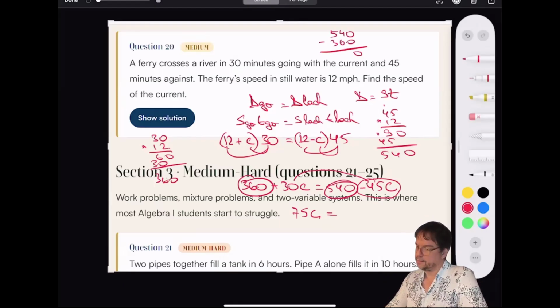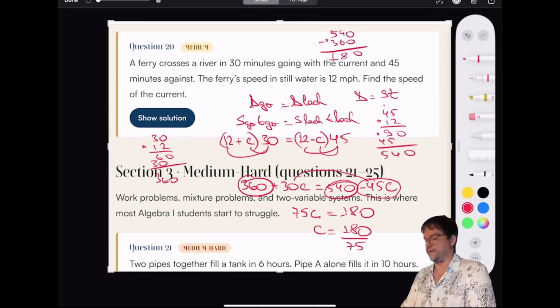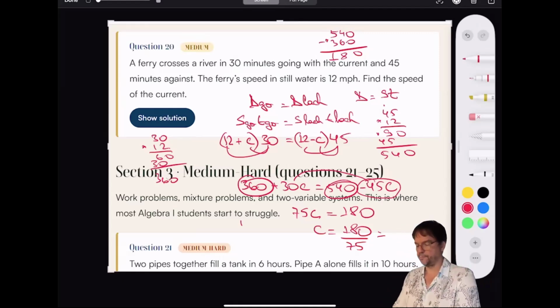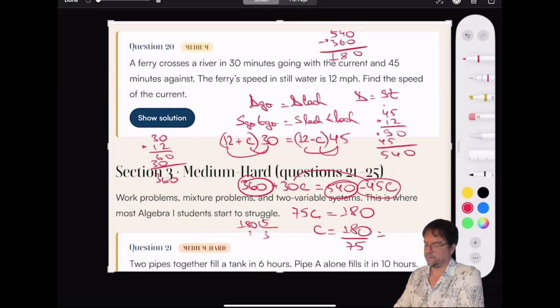540 minus 360 is 180. Oh my God. 180 divided by 75. Both by 5, I divide. 36. 75 divided by 5 is 15.